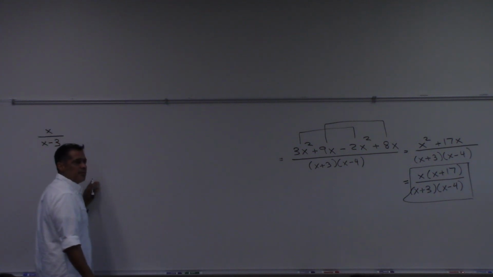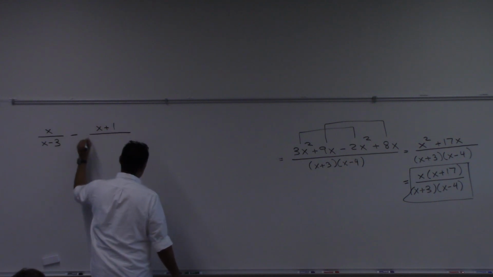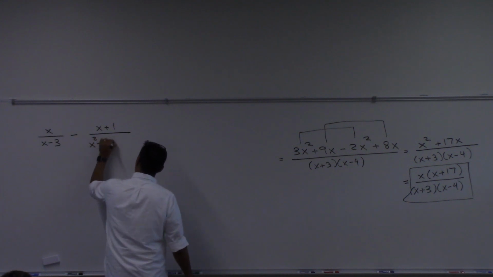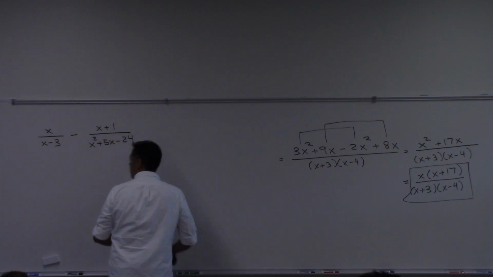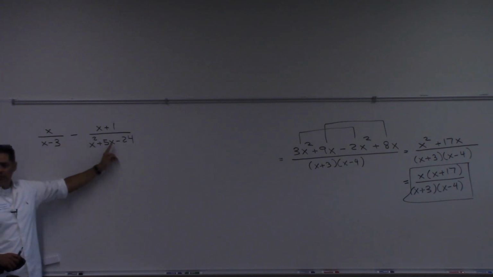X over x minus 3 minus x plus 1 over x squared plus 5x minus 24. Subtraction between two fractions, right? Subtraction between two fractions.